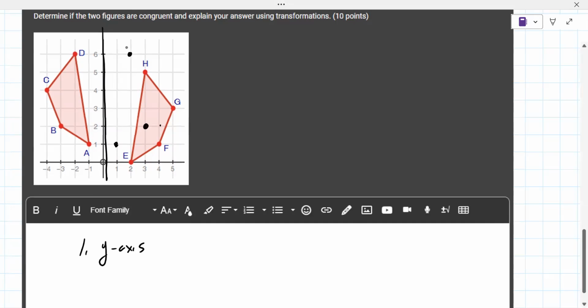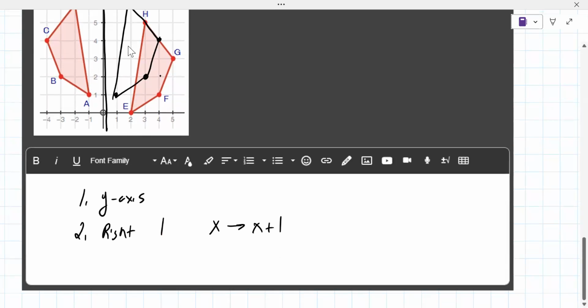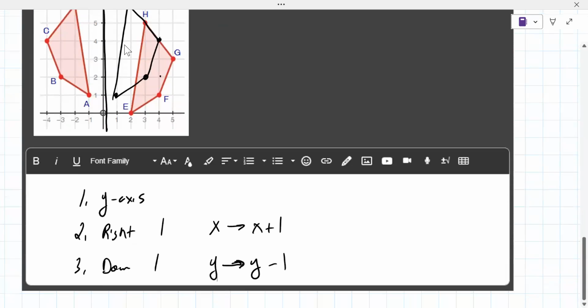And then you can see that it's moved right 1. And so that's X becomes X plus 1. And then down 1. So you can say, down 1, Y becomes Y minus 1.